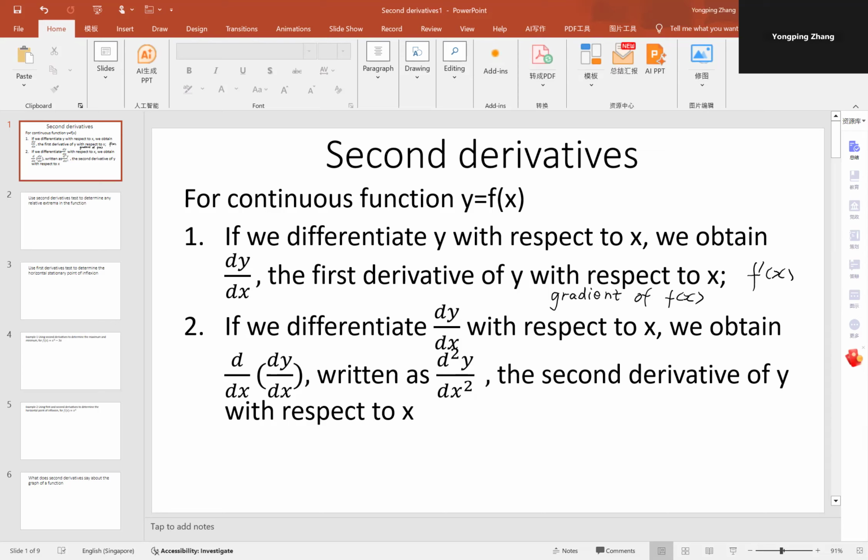If we differentiate dy/dx with respect to x, we obtain d squared y/dx squared. The second derivative of y with respect to x can also be written as f double prime x.